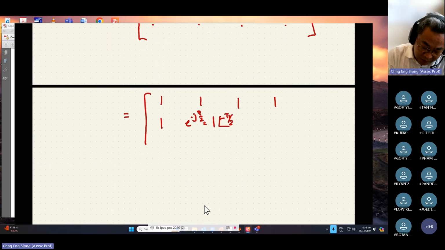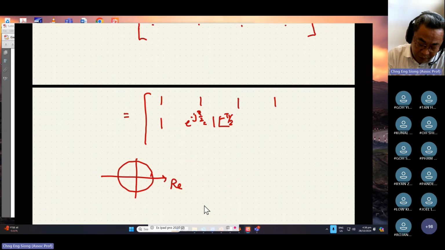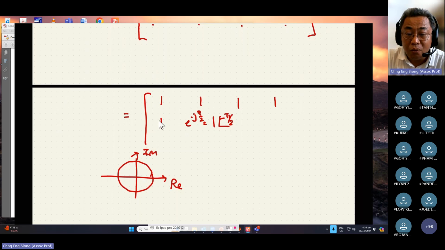So I want you to draw a circle now. And this is the real value, and this is the imaginary value. And tell me, where is e to the minus j pi over 2? Or I prefer this: the absolute value is 1, because this is 1 exponential. Angle is minus pi over 2. So isn't it here?